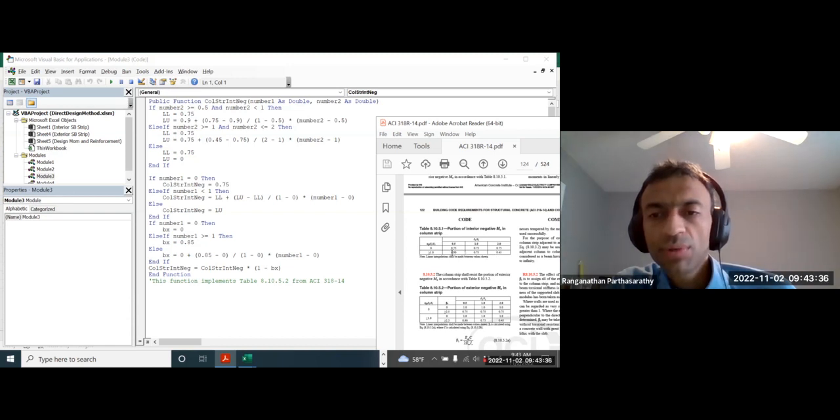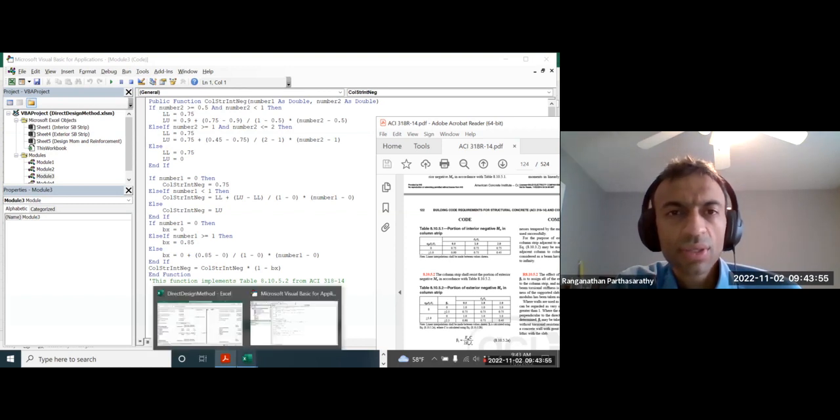Okay, you're just interpolating in the horizontal direction and in the vertical direction. So first is your alpha F1 L2 by L1, which is less than 1.